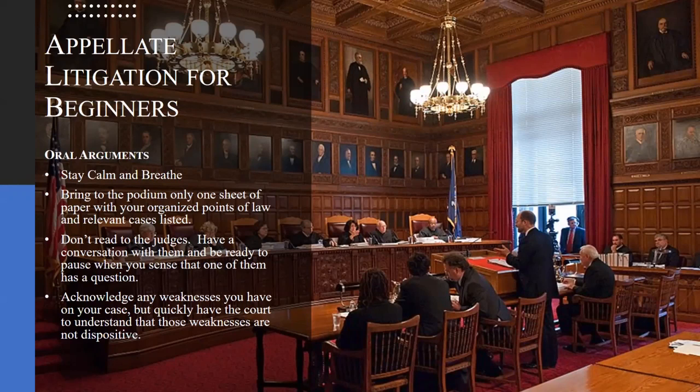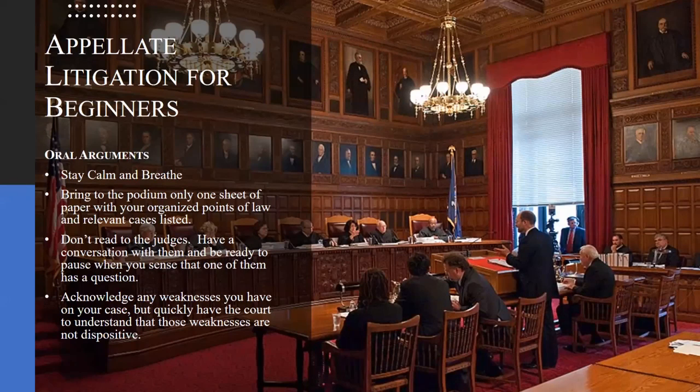If you have any weaknesses in your case, start with that. That's the very first thing I want to jump out the gate. When I have a trial with a client who has a criminal record and that client wants to testify, the first thing I start with is, have you had any convictions in your past? Do you have a record? Yes, I do. What is it? What was your sentence? What happened? And get that all out on the table.